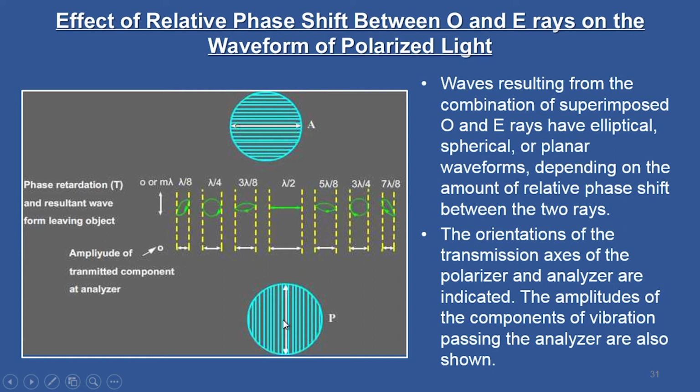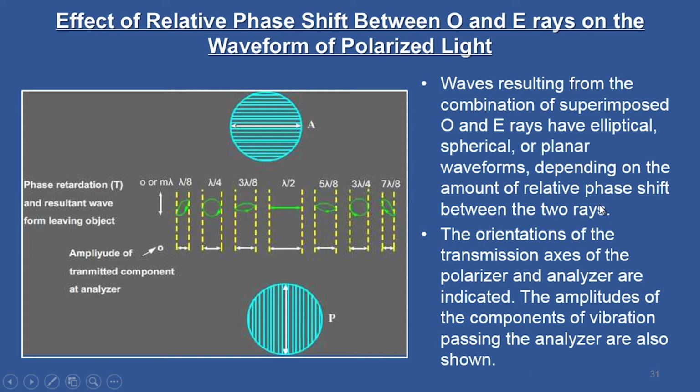They are kept in two perpendicular directions. Let us go through the points and then get into the details of this schematic. Waves resulting from the combination of superimposed ordinary and extraordinary rays have elliptical, spherical or circular waveforms depending upon the amount of relative phase shift between the two rays.